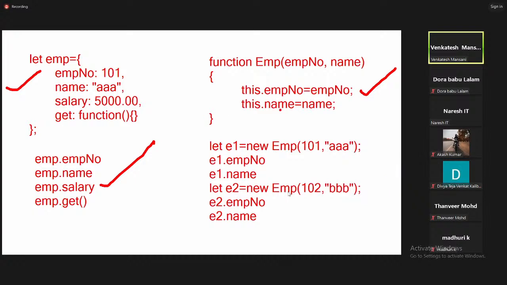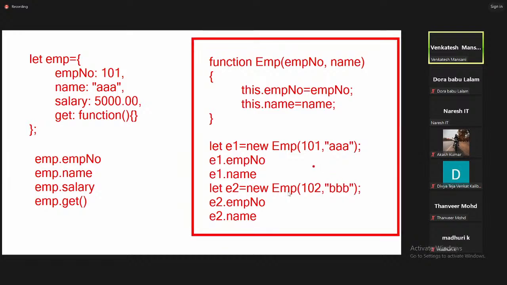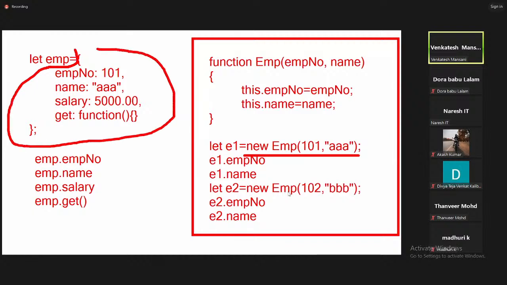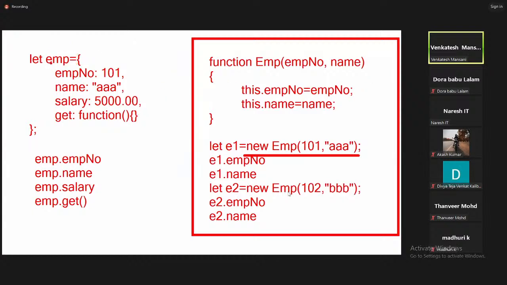If you create objects in this format, then new is required to create the object. On the right side the object is created, and this object is referred by emp. But here, new with a constructor function.